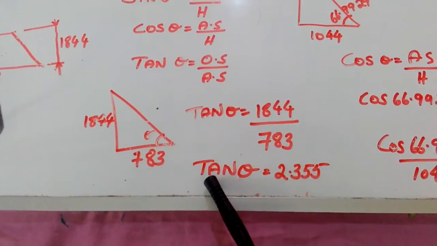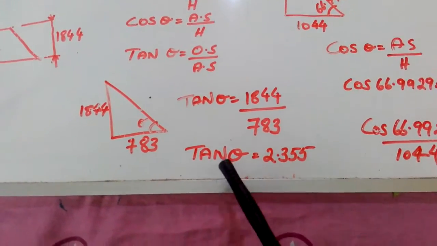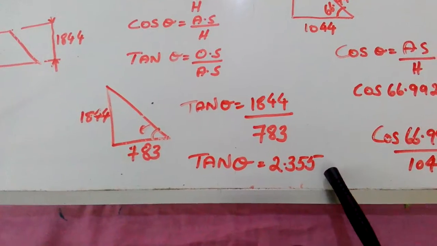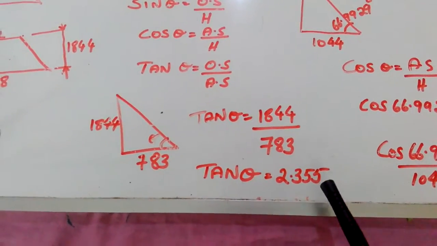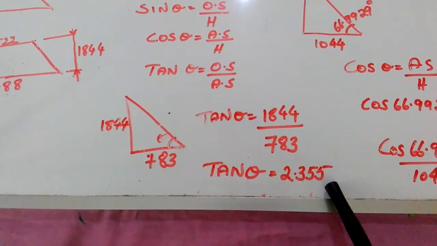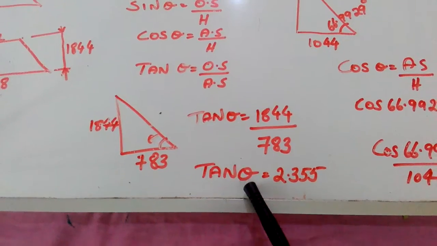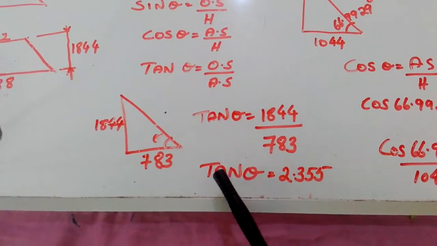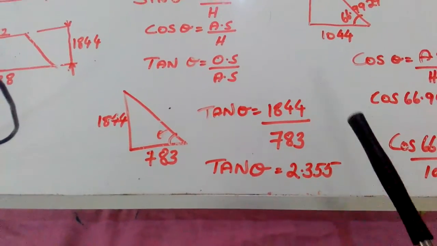If it has been multiplied here, it will be divided. If it has been divided here, it will be multiplied here. If it has been subtracted here, it will be added here. Same way, now tan theta is here, we keep theta here, and if we take tan to here, then tan will become tan inverse.